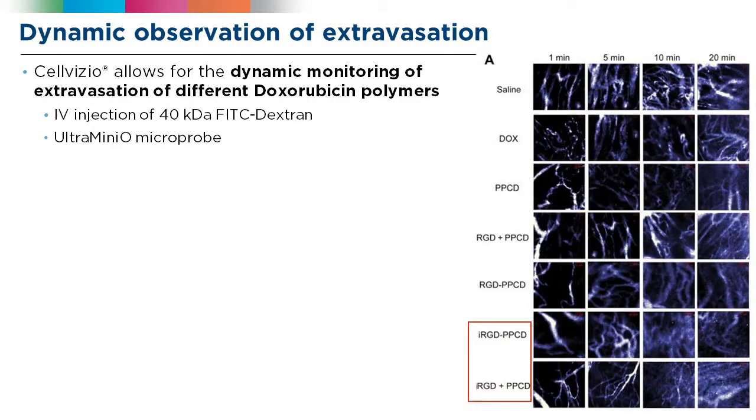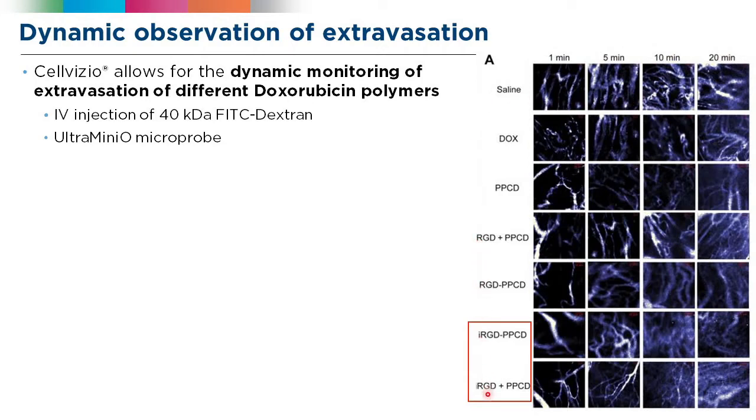So first, looking at extravasation, they used the Cellvizio to monitor dynamically extravasation of different doxorubicin polymers. So to do so, they looked at the vasculature by injecting FITC-dextran in the vasculature. And they monitored the vasculature on the same animal longitudinally at 4 different time points: 1 minute, 5 minutes, 10 minutes, and 20 minutes.